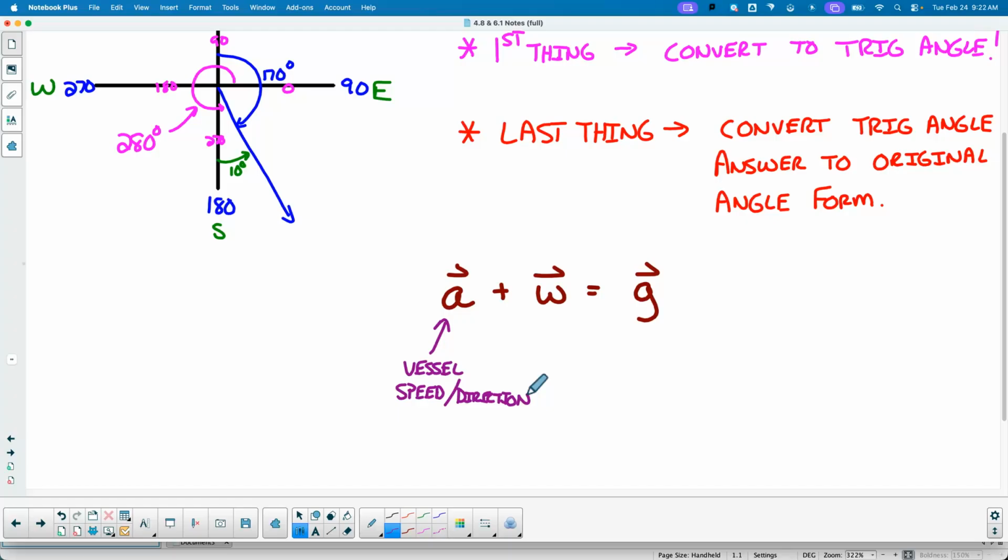So that could be your plane, your boat, your hot air balloon, whatever you want to call it. That's your vessel. That's what you're traveling in. You set that speed, you set that direction.